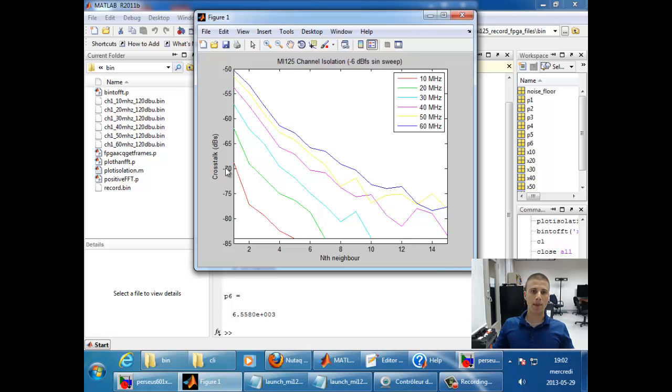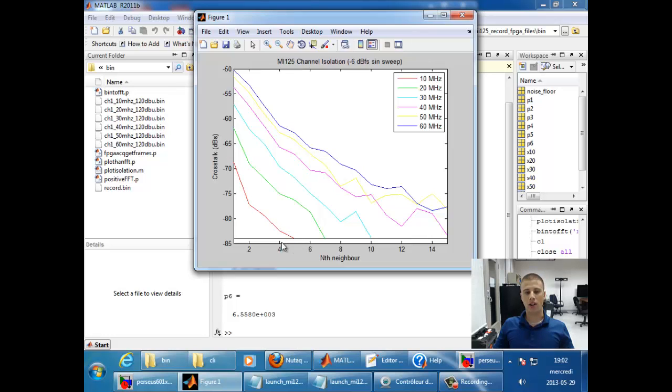For the 10 megahertz sine wave, we have a value here of approximately minus 68 dBs. So that means for a frequency of 10 megahertz, there's 68 dBs of isolation between channel number 1 and 2.